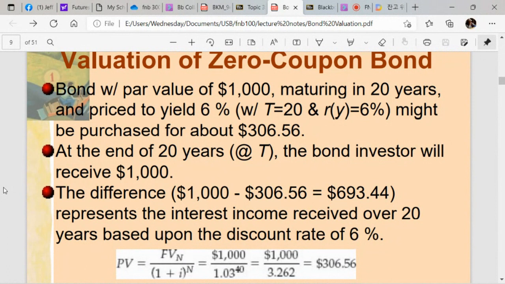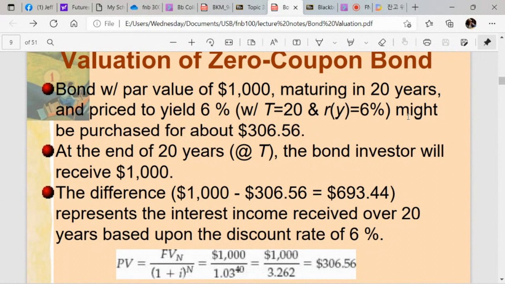Comparable bonds or similar bonds mean bonds of the same or similar risk class. The bonds of the comparable risk class. That's what it means. So if it says similar bonds pay 6%, that means that's the Q, right? That's the Q. That's the discount rate.